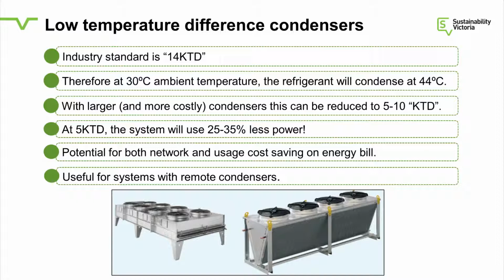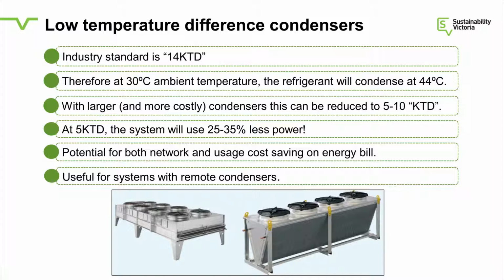Now, if you have the choice when you're buying your system to select low temperature difference condensers, you should absolutely do so. The condensing unit has its condenser built in. A refrigeration rack, like I showed earlier, has a remote condenser. Advantage of that is that you can pick the remote condenser to suit your rack.